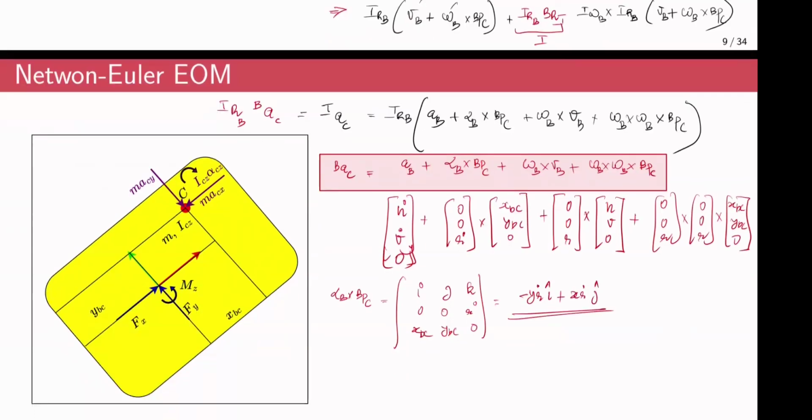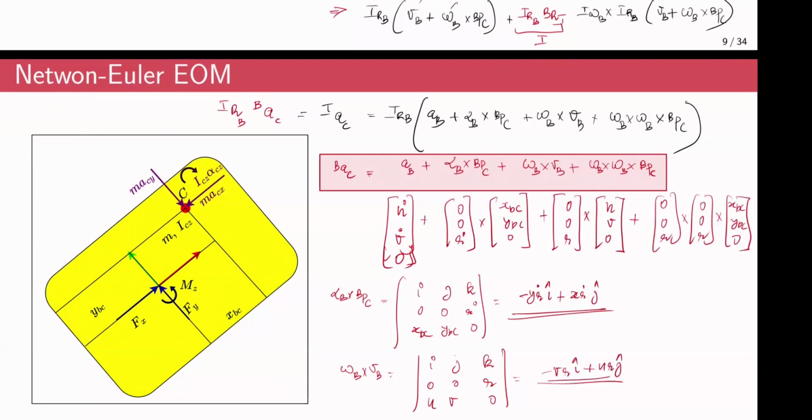So that was this term. And if I expand this term, omega_B cross v_B, as the determinant of I J K multiplied by 0, 0, r multiplied by u, v, 0, I'll get minus v r I cap plus u r J cap.